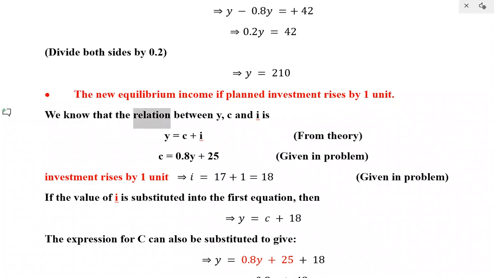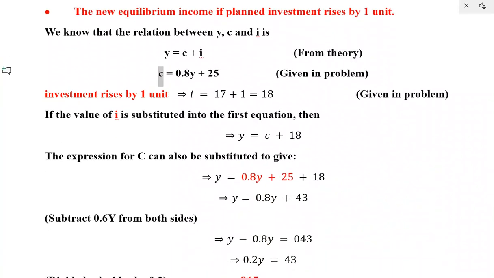The new equilibrium income if planned investment rises by 1 unit. We know that the relation between Y, C, and I is Y equals C plus I, from theory. C equals 0.8Y plus 25, given in the problem. Investment rises by 1 unit, so I equals 17 plus 1 equals 18.